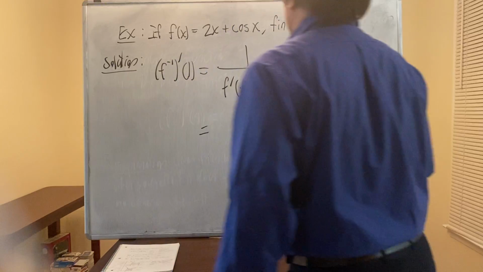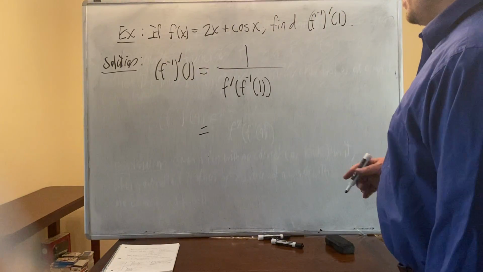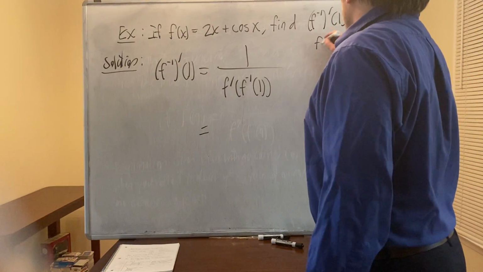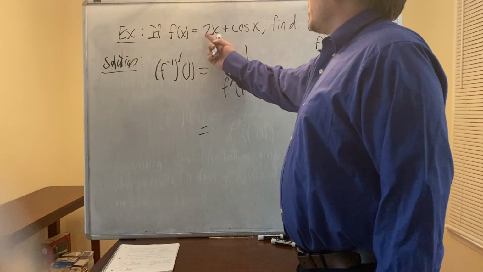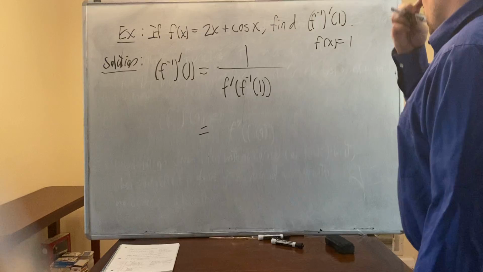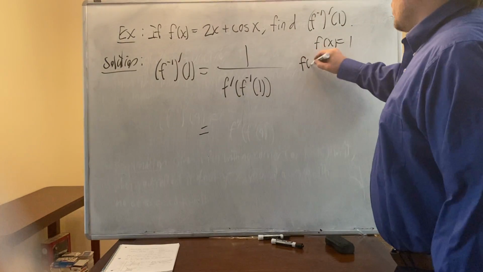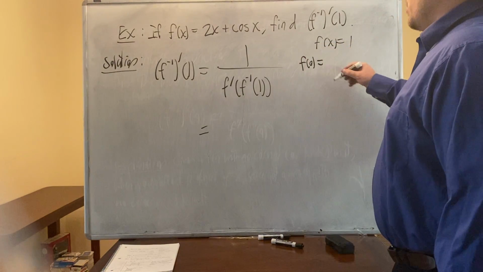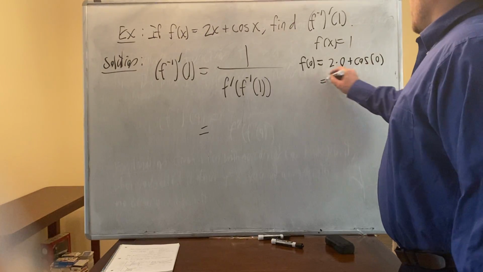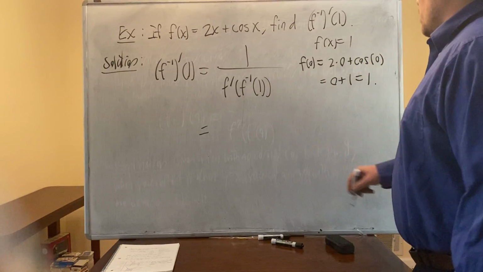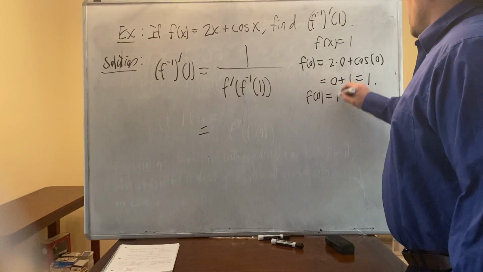Okay, so what is f inverse of 1? Well, when does f of x equal 1? If I plug in x equals 0, I get 2 times 0 plus cosine of 0. So f of 0 is equal to 2 times 0 plus cosine of 0, and that's equal to 0 plus 1, which is 1. So f of 0 equals 1.